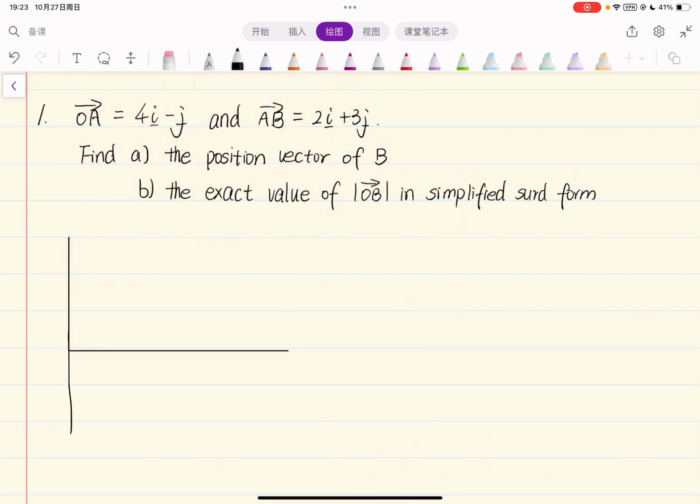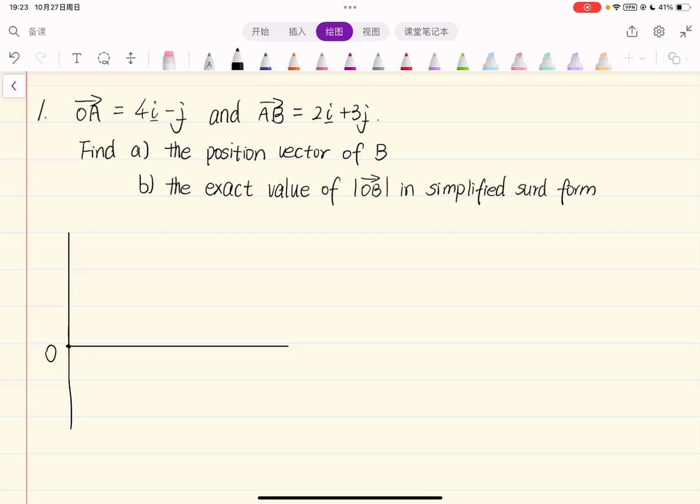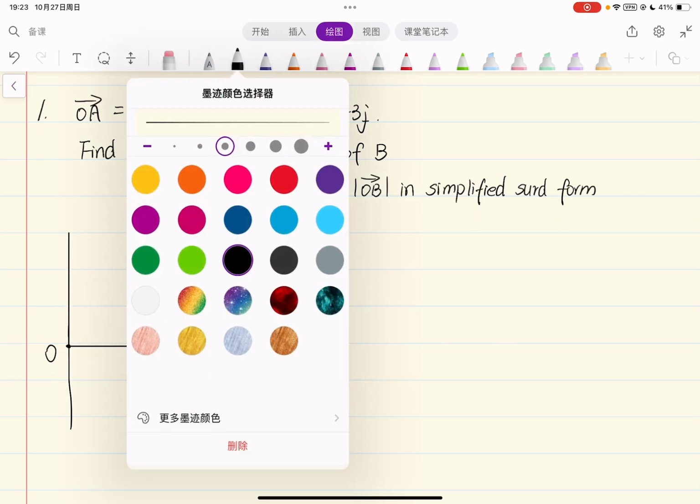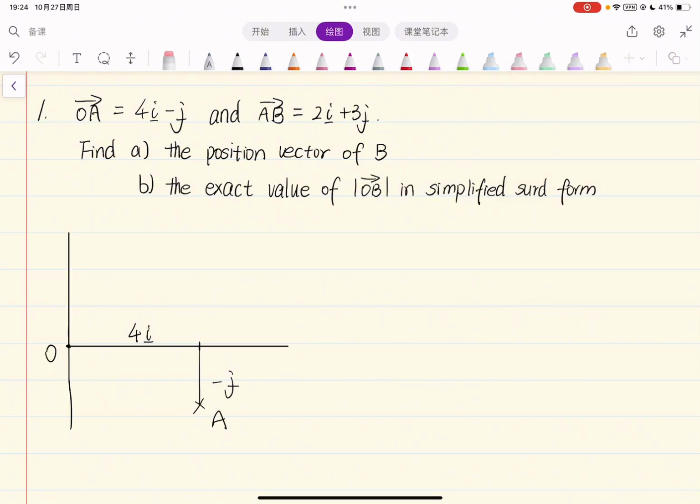Here is the origin, and we have the vector OA equals 4i minus j. So we have 4i over here and minus j. This is how we find the point A. So we have the vector OA.